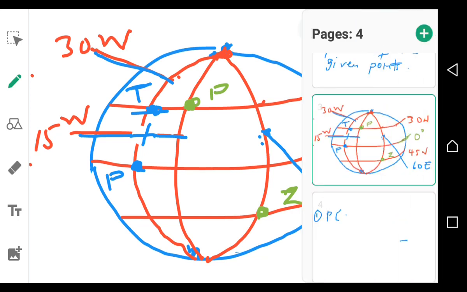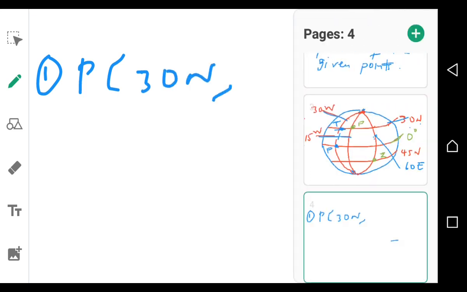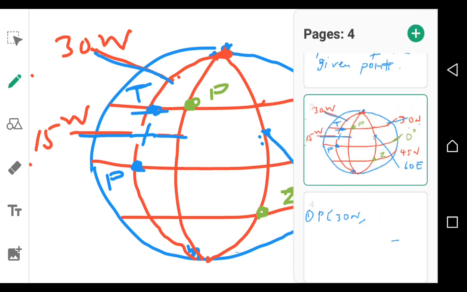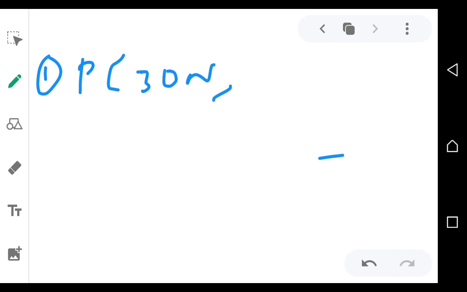So X axis 30N, comma, Y axis. What is on the Y axis on P? Y axis on P is this one here. It is 15 degrees west.